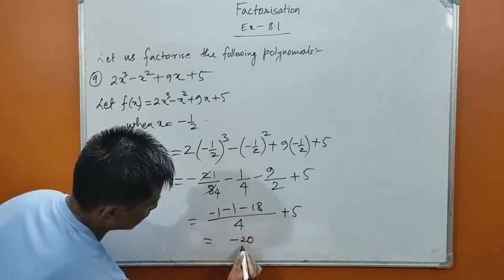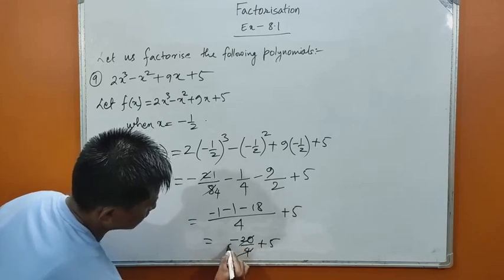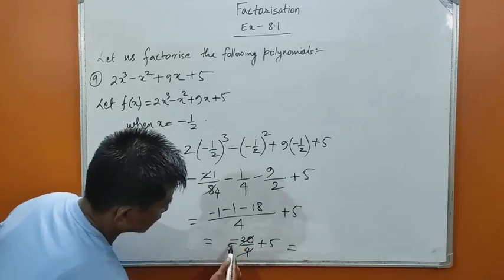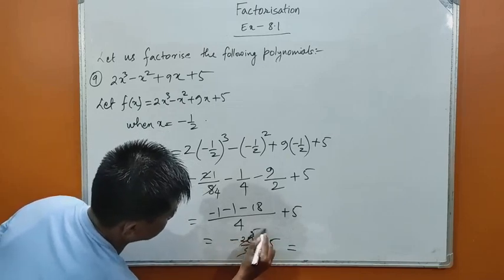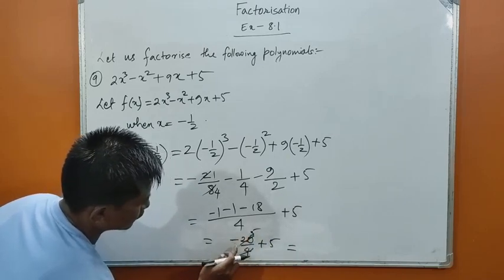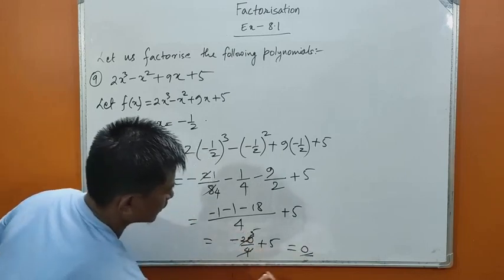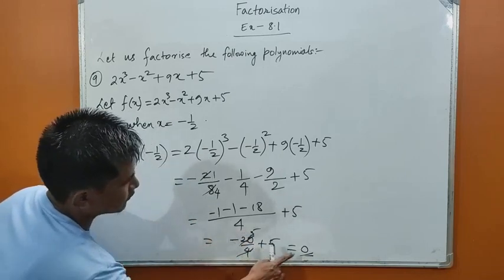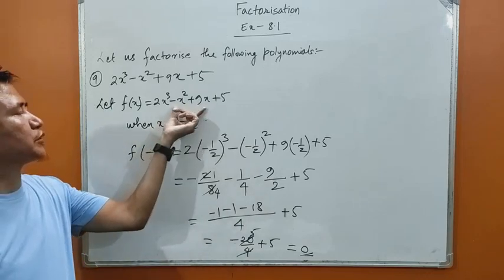Minus 20 upon 4 plus 5. 4 ones are 4. 4 5s are 20. That means this becomes minus 5. Minus 5 and plus 5 becomes 0, isn't it? So when the value of x is minus 1 upon 2, this expression becomes 0.